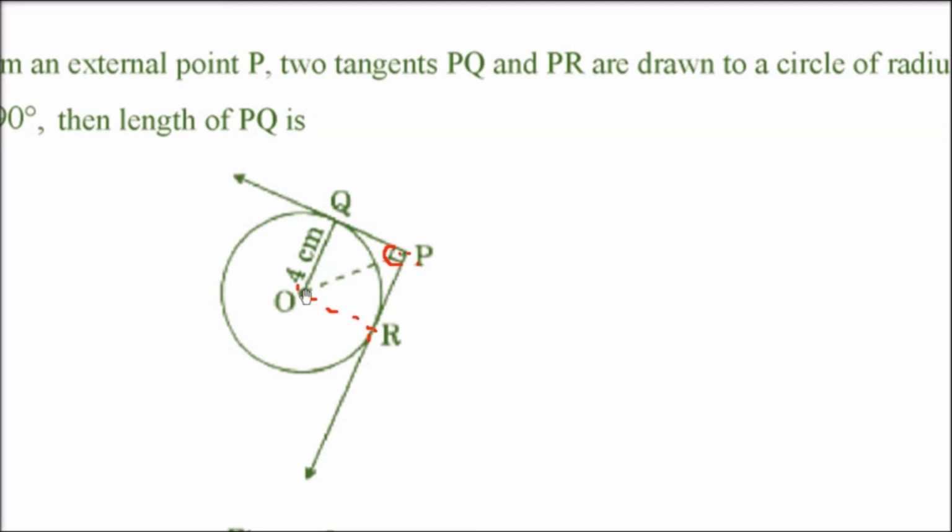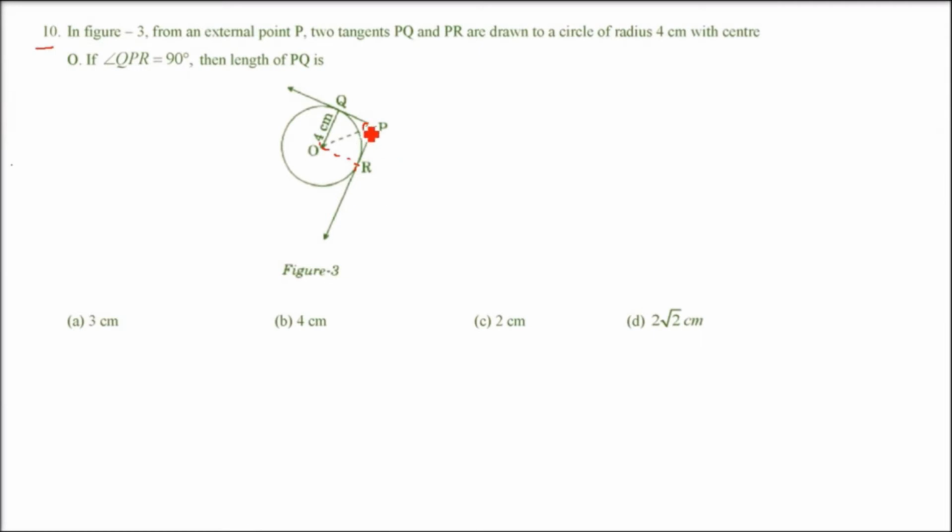So these two triangles are similar because of the radius, because of the tangent, because of the angle the tangent makes with the radius. Now what is this angle? 90 degrees. This will be 45, this will be 45 because of the similarity. So I am making this triangle.